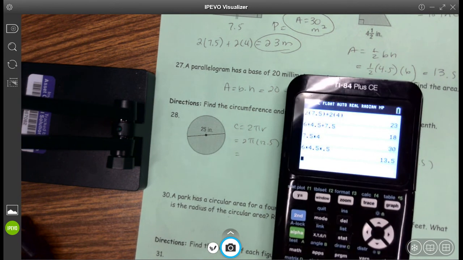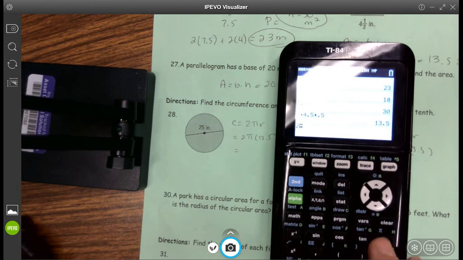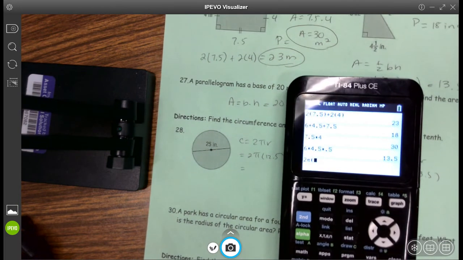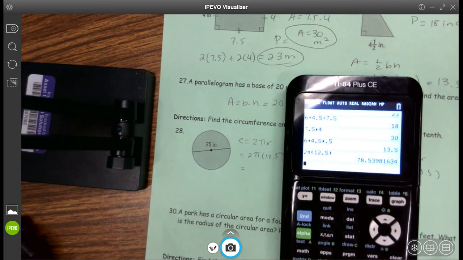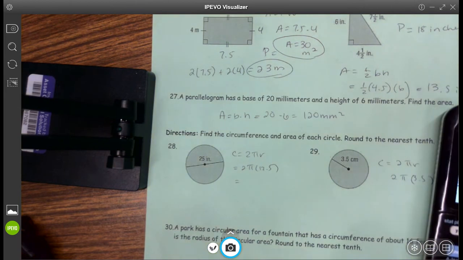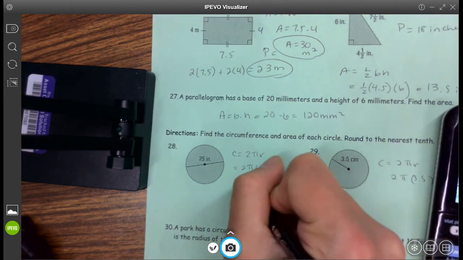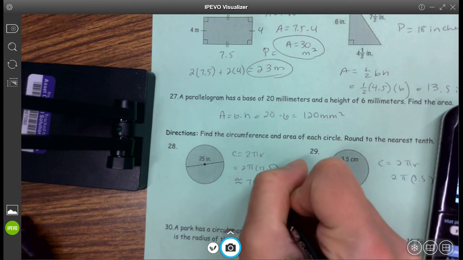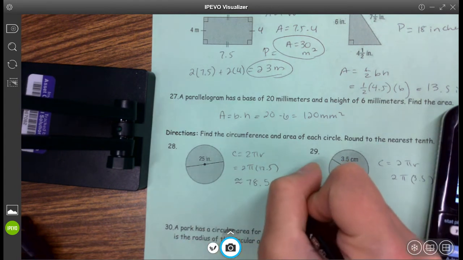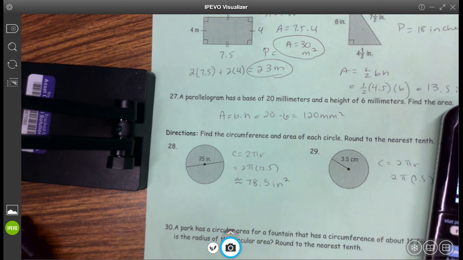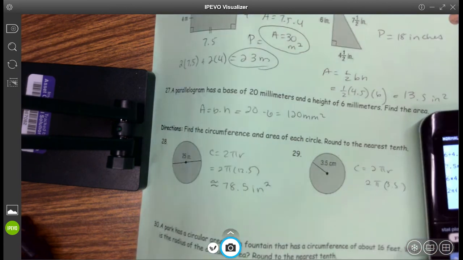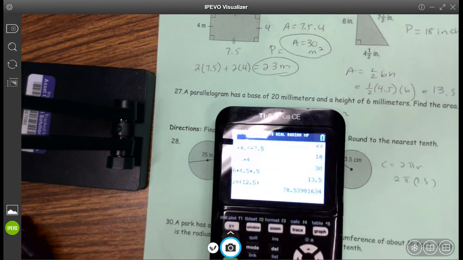The answers will be a little bit different, but you won't get it incorrect. 2 times pi, which is right here, and then 12.5. If you use pi, it'll be 78. It says round to the nearest tenth. It's about, approximation, 78.5 inches squared.